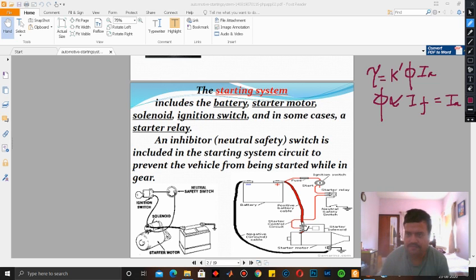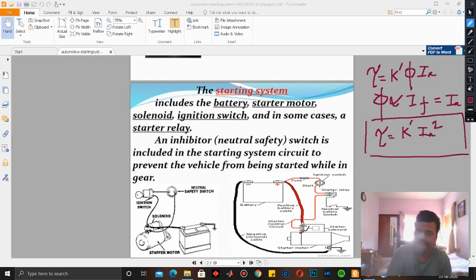And let us substitute the value of phi over here. So torque is equal to K dash into IA square. Right? So the torque is proportional to the square of the armature current.